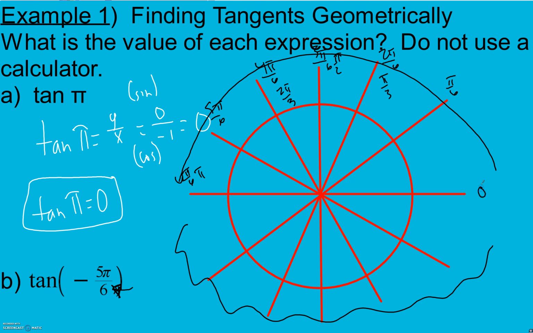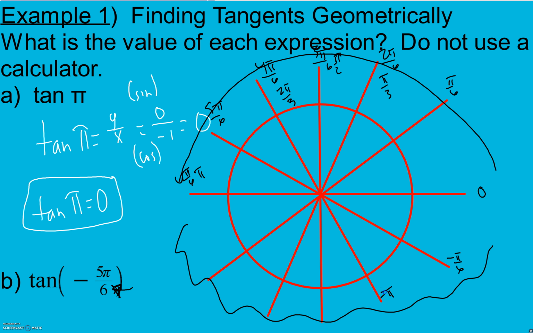Remember, here is 0. But that's not the most important part. The most important part is that we're looking for negative 5 pi over 6. So I'm going to have the same idea. I have them cut into my sixths, but I'm going to go negative 5 pi over 6. So negative pi over 6 from 0. Clockwise is negative.